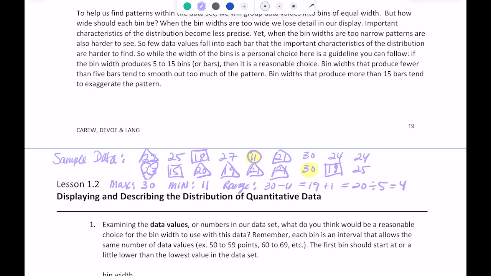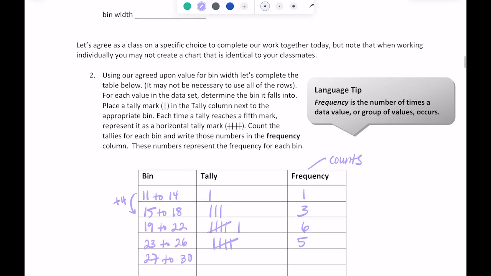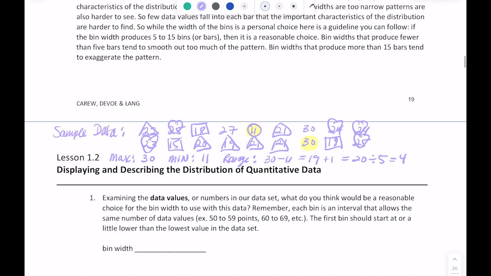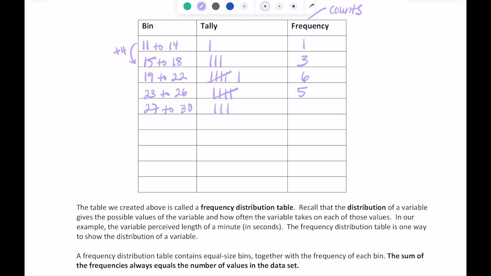So 1, 2, 3, 4, 5. And then 27 to 30 should be my leftovers. So I have 1, 2, 3. And that's all there is to making a frequency table with tally marks.